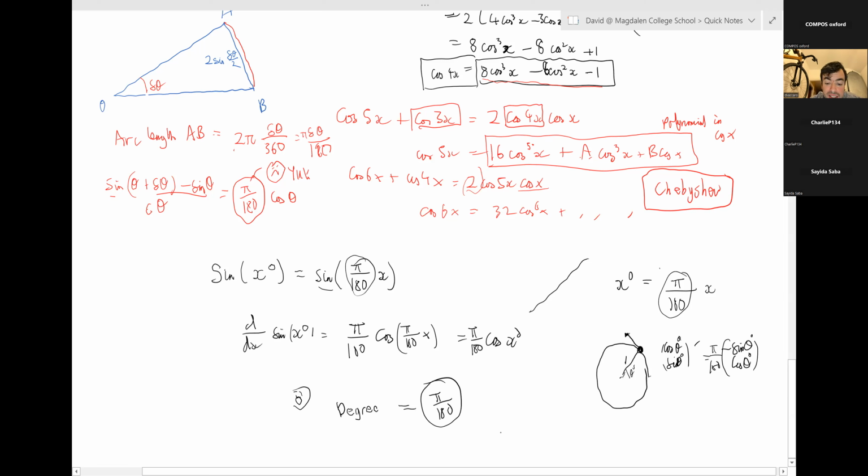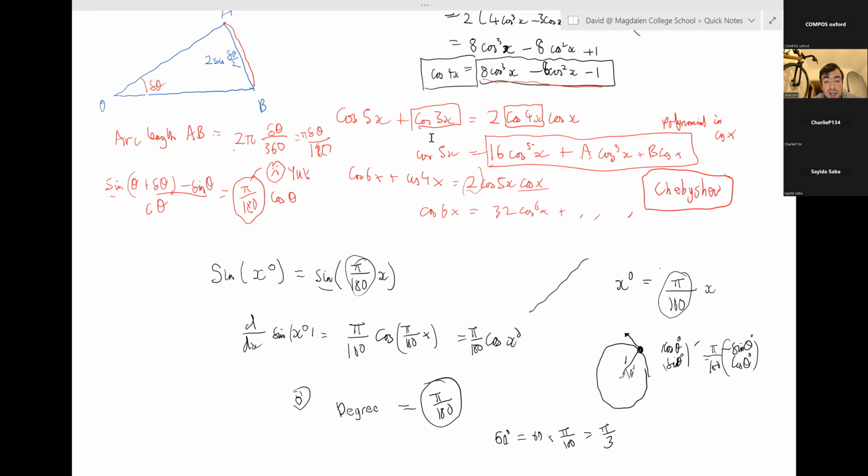So it just regards 60 degrees as being 60 times pi over 180, which is the same as pi over 3. So it doesn't regard a degree as an angle measurement. It treats it just as a numerical conversion.